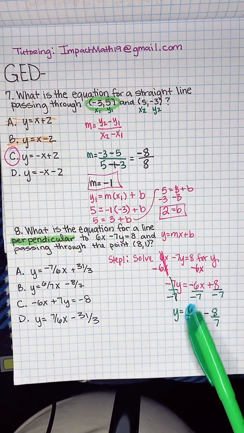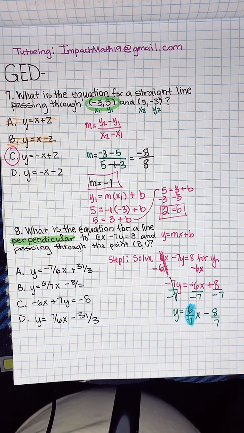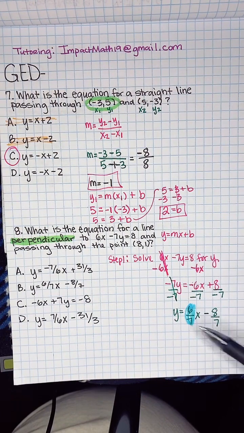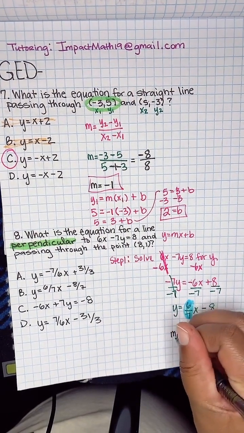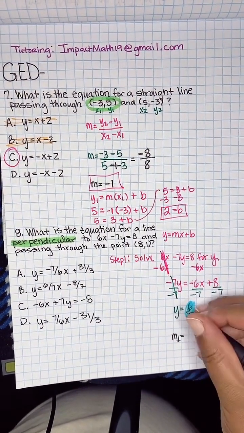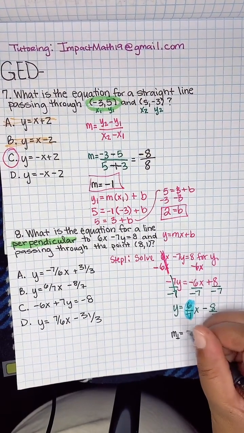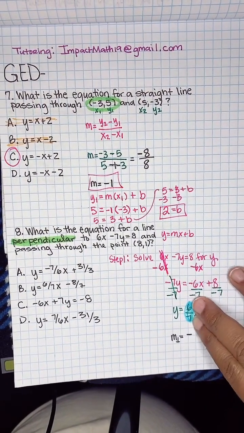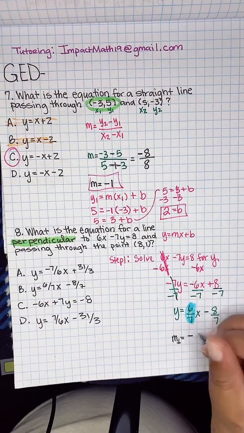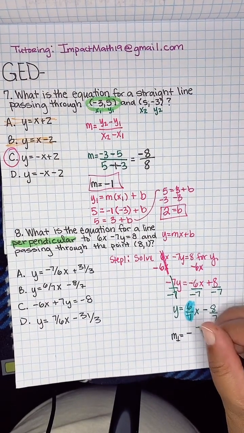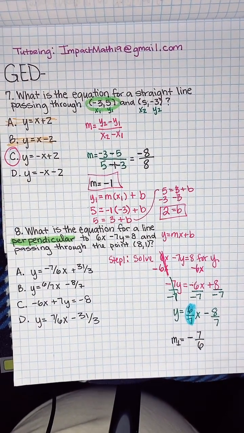Remember, if I want the perpendicular slope, I have to do the opposite sign. Since this came out positive, I need a negative, and I have to flip it. So the flip of this is 7 over 6.